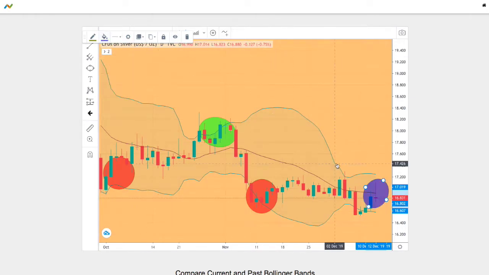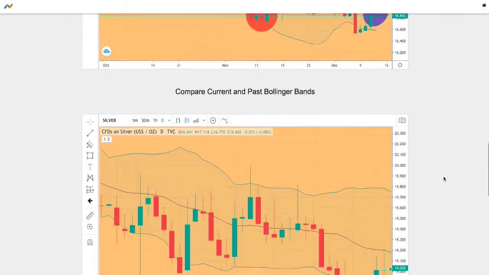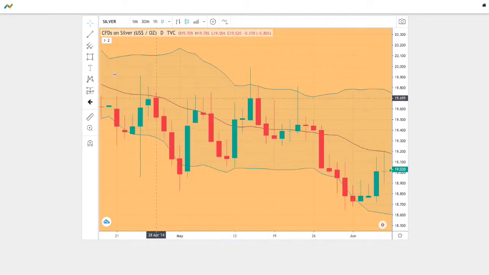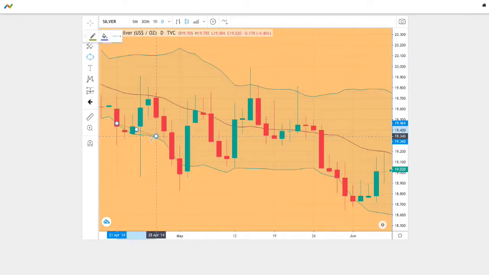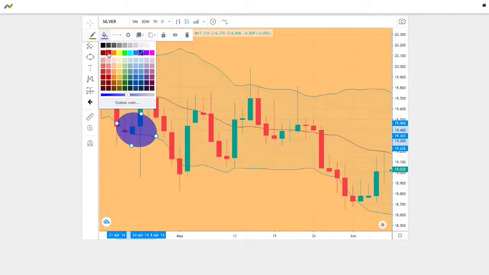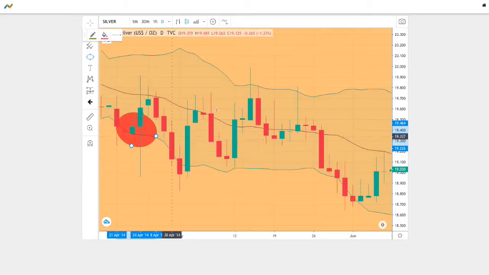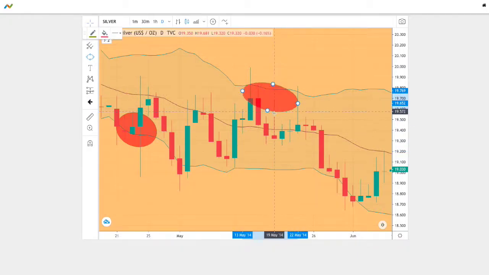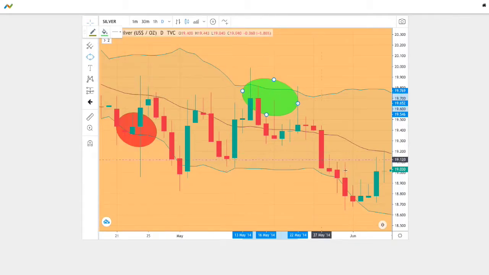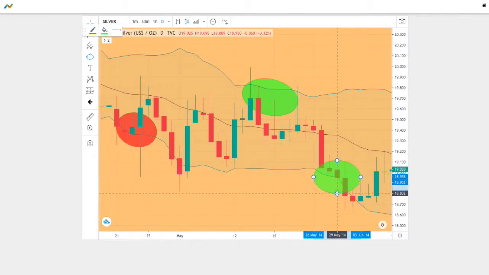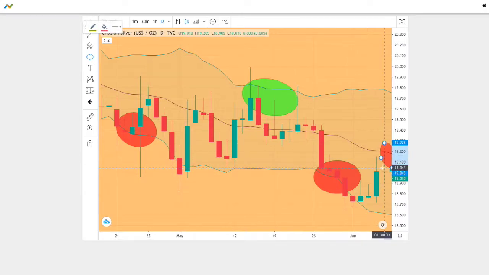So we start to see those points, and in the trend below right here as well, we see it start on the bottom Bollinger Band right at the beginning. Next we see it make a steady climb to the upper Bollinger Band, and then afterward we see it touch the bottom Bollinger Band once more, and finally right towards the end we see it revert back to the mean to touch the upper Bollinger Band once more.